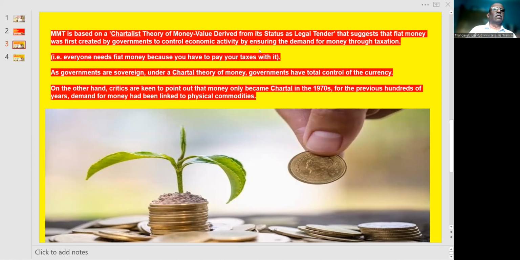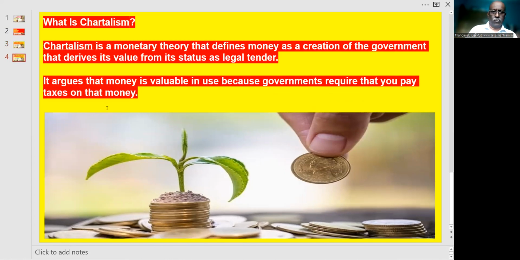With this, I conclude my speech on Chartalism. Chartalism defines money as a creation of the government that derives its value from its status as legal tender. Money is valuable in use because the government requires that you pay taxes on that money.